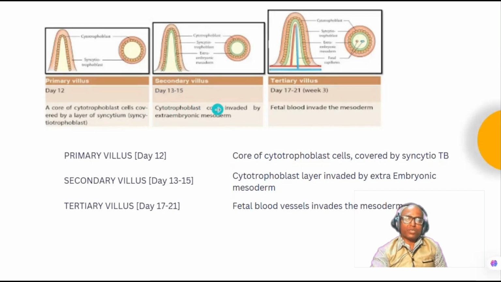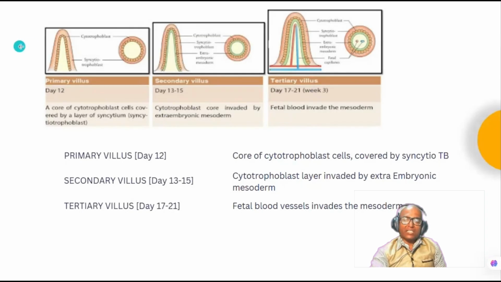You have a cytotrophoblast core which is invaded by the extraembryonic mesoderm, since the extraembryonic coelom is getting formed. This green layer is the extraembryonic mesoderm. Now fetal blood vessels will appear in this extraembryonic mesoderm, which leads to conversion to tertiary villi by day 17 to 21, in week 3.